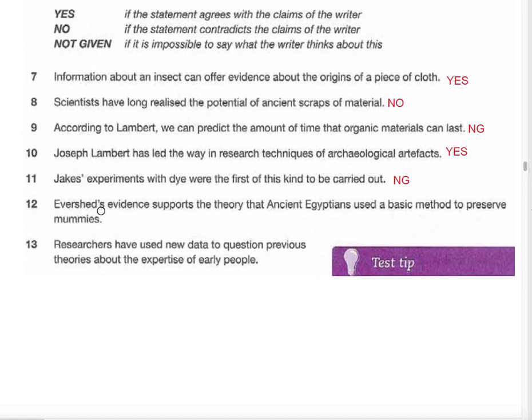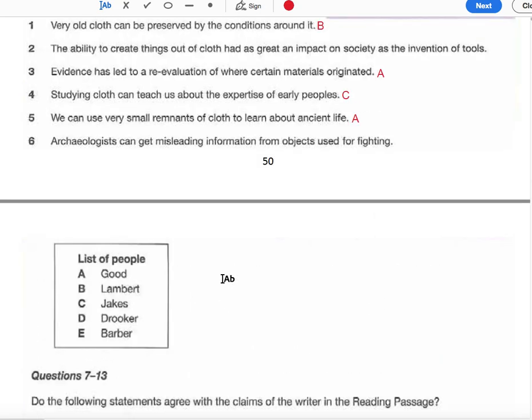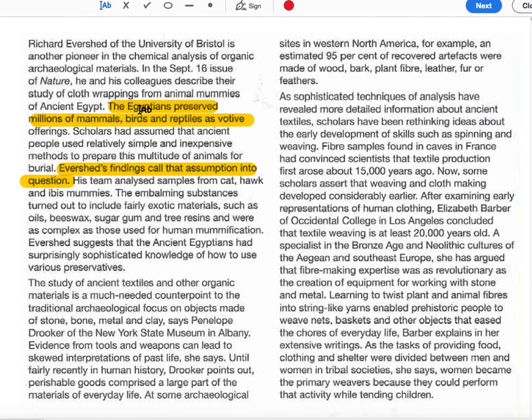And here it says supports the theory. No. That one is no. They don't support the theory. Here it says support the theory that ancient Egyptians used that method. But here it says they call that assumption into question.